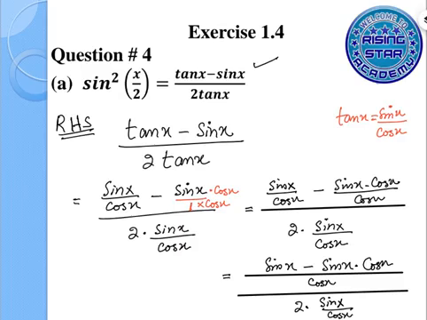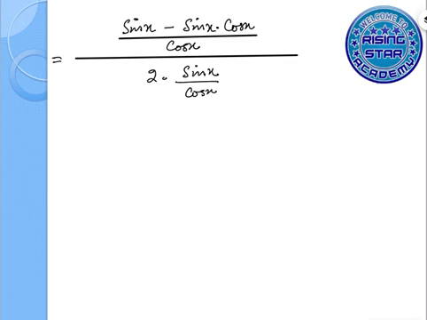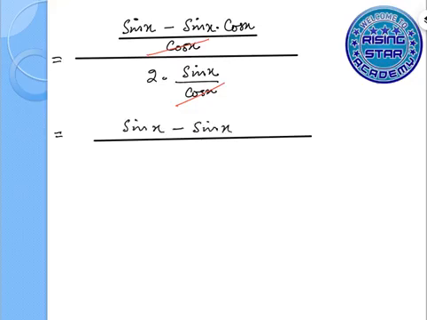Move to the next page now. I write the previous as it is. Now I will simplify. So we know that in both fractions the denominator is cos x, so this cos x is going to cancel with this cos x. Now we have left sine of x minus sine of x times cos x over 2 times sine of x.